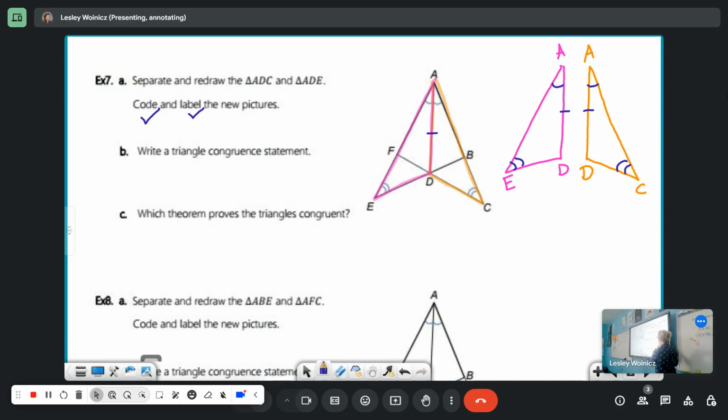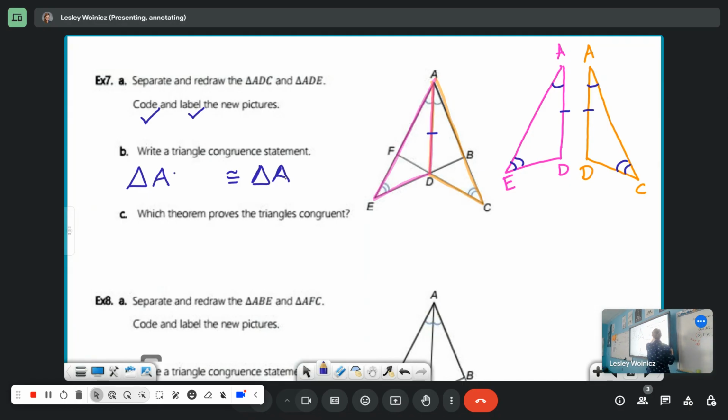We're going to write a triangle congruent statement. So we got to make sure our letters go in the same order. If I start with vertex A, I'm going to make sure that I start with A for the second triangle. Okay, which point corresponds to D?